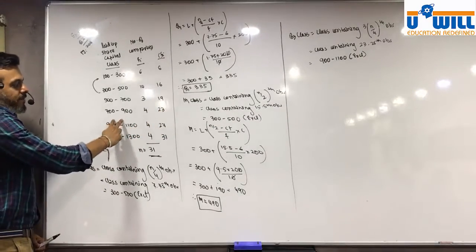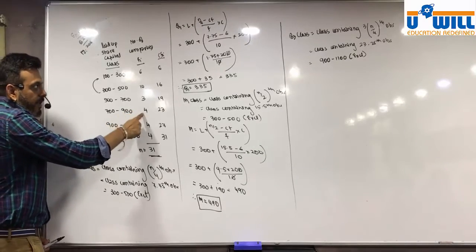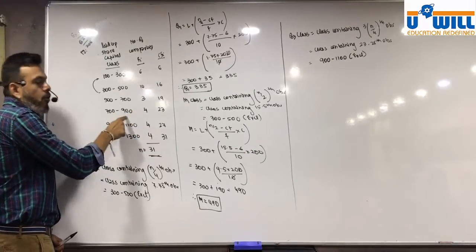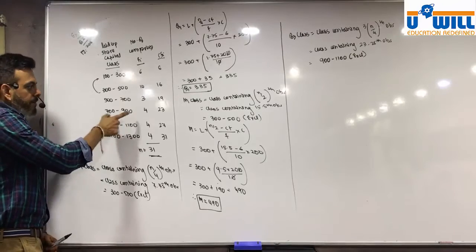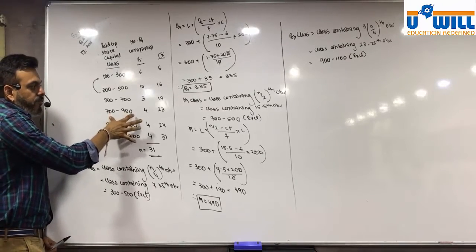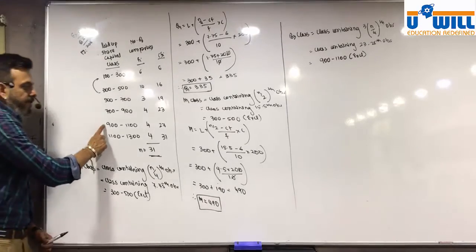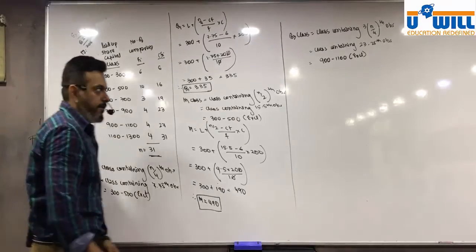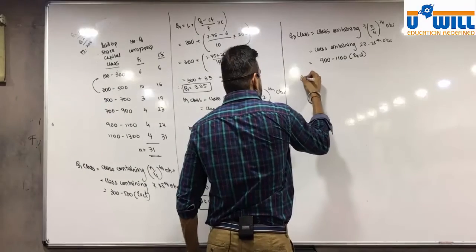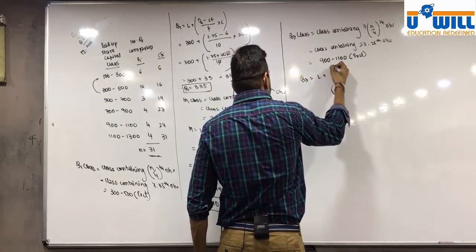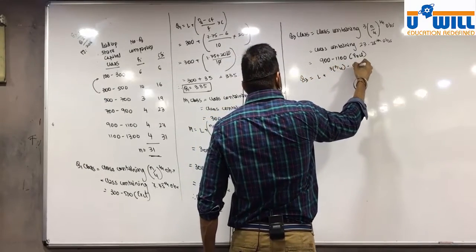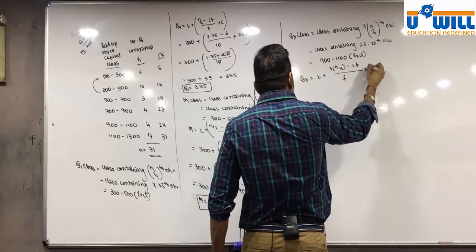Here we don't have the exact values of which 4 observations those are, because we take a range, 700 to 900 is 4. That's why we go to this class, 900 to 1100, where Q3 is equal to L plus 3n by 4 minus CF upon f into c.